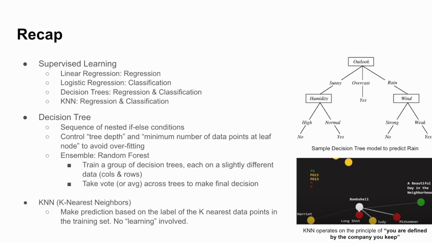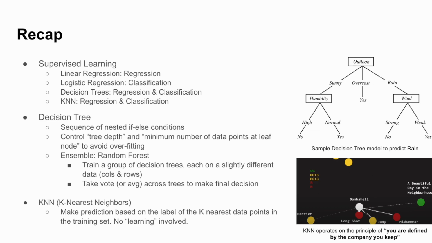So far, we learned about various supervised learning algorithms that can be used for regression and classification problems. In the last lesson, we looked at decision trees, which are a sequence of nested if-else conditions from the training data. After that, we looked at random forest models, which are an ensemble of decision trees and are very powerful for both classification and regression problems.